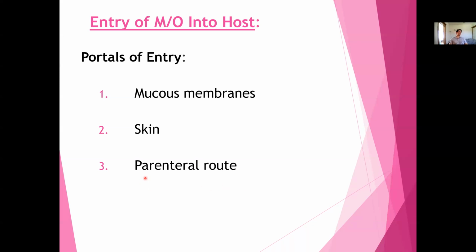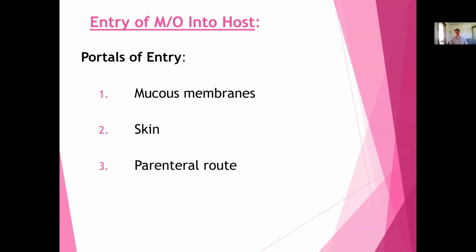Then we'll also be talking about the parenteral route. So the parenteral route is essentially other microorganisms can gain access to the body when they are deposited directly into tissues beneath the skin or mucous membranes when these barriers are penetrated or injured.